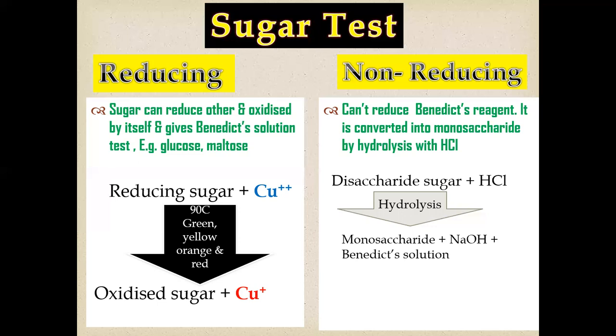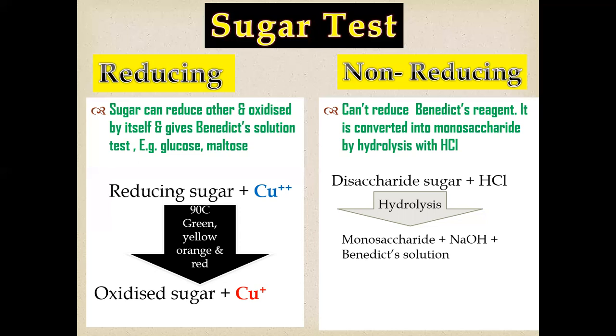Now we add sodium hydroxide. Why? Because in the presence of acid, Benedict solution cannot work. To neutralize the hydrochloric acid, we use sodium hydroxide base so that the Benedict solution can work.